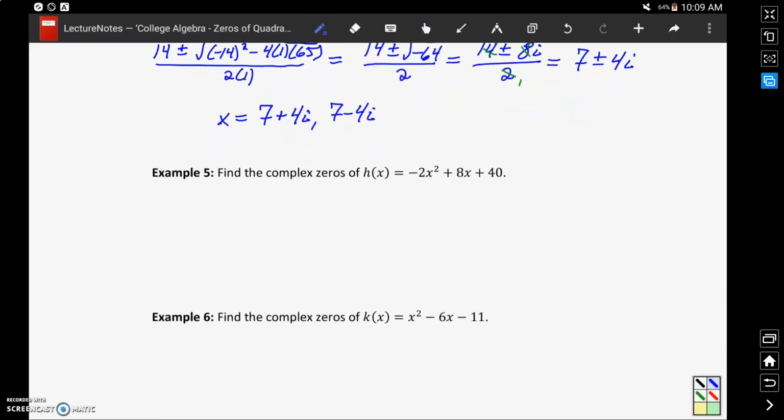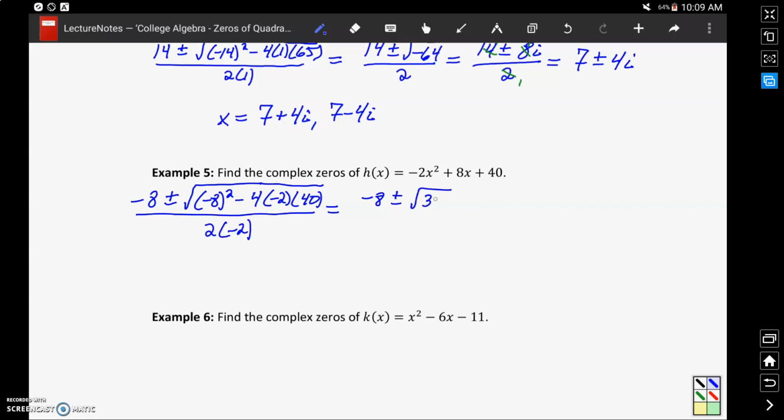Our approach to example 5 would be similar. We would apply the quadratic formula again. Which in this case would reduce down to negative 8 plus or minus the square root of 384 all over negative 4. In this case, our value under the radical is positive, so we're going to come up with two real solutions.